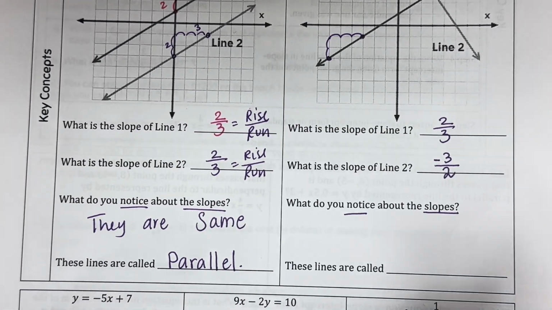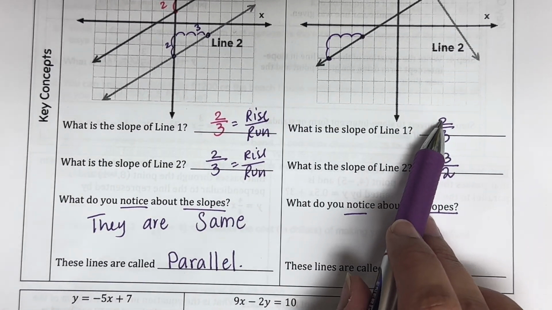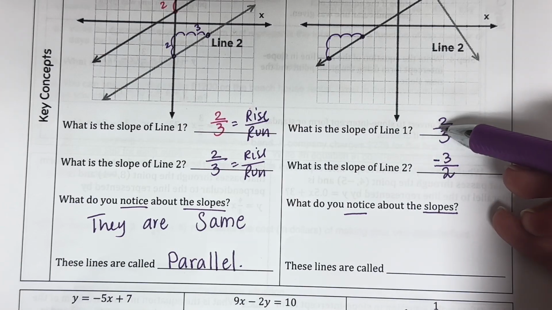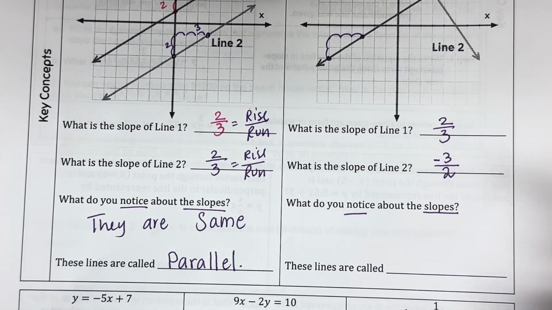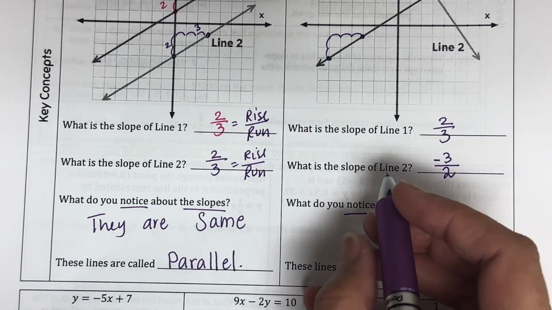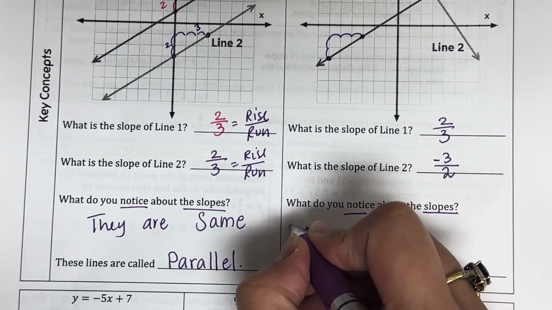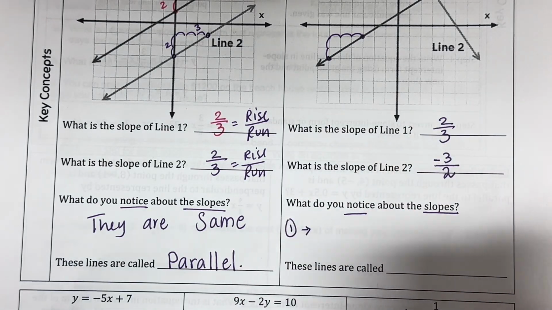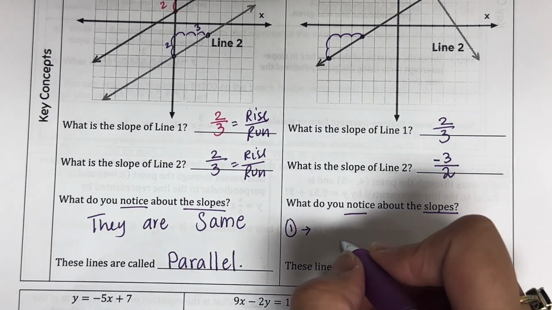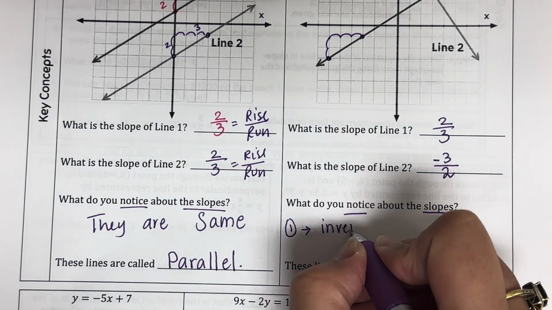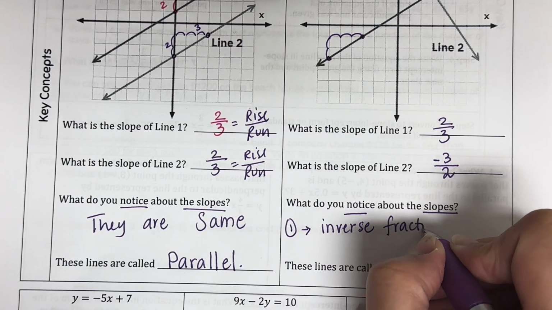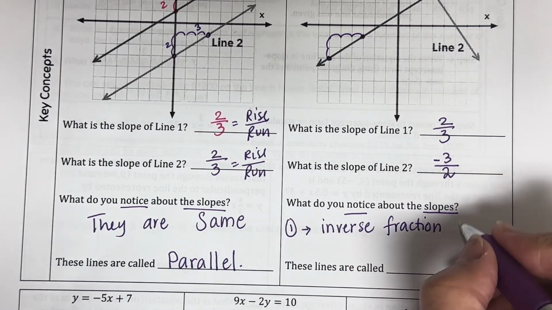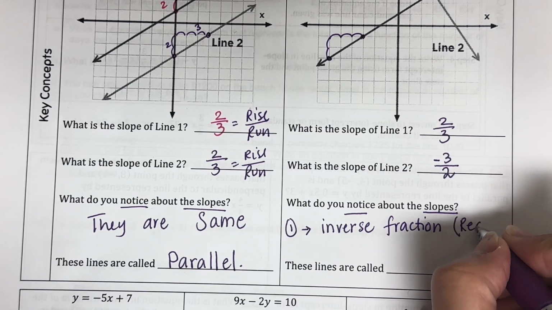The first thing you probably notice is that your fractions are inverted. They're opposite, they're flipped. The rise over run is opposite of each other, so it is an inverse fraction. It's also called a reciprocal.